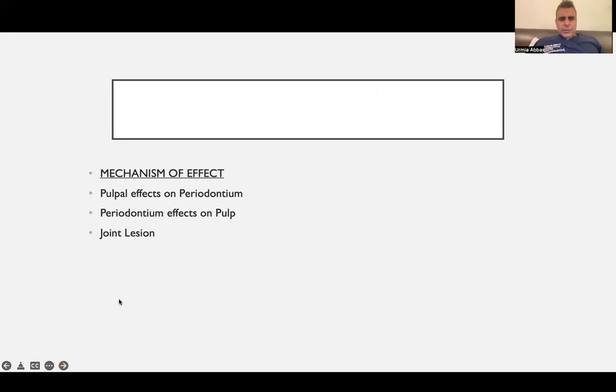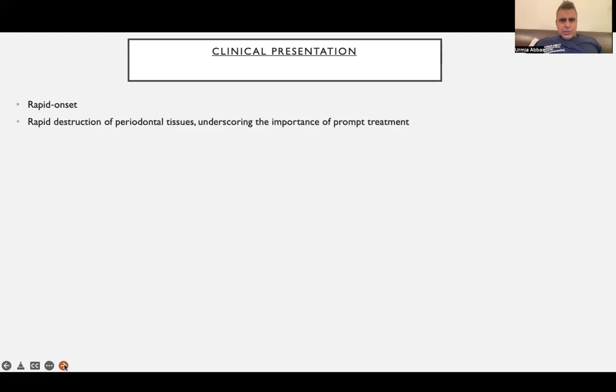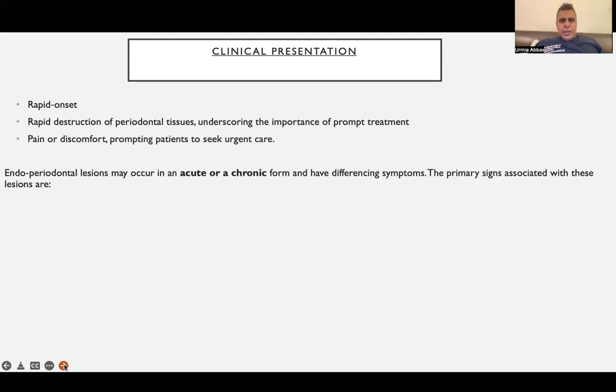So the mechanism of effect: there are pulp effects on the periodontium, effects on the pulp, and the joint lesion. This is how endo-perio lesions are affecting. The clinical presentation can be rapid onset, rapid destruction of periodontal tissue, underscoring the importance of prompt treatment, and pain or discomfort, prompting patients to seek urgent care.